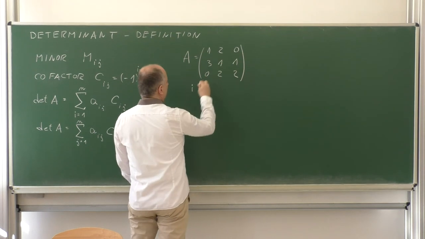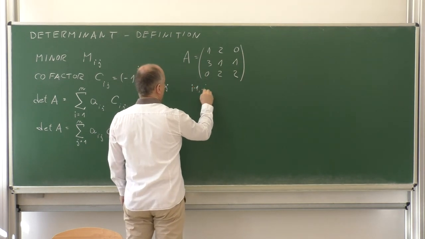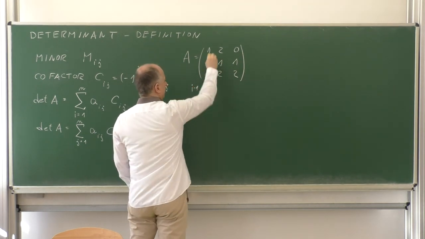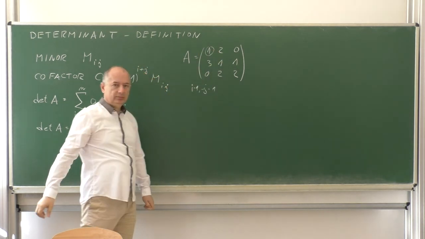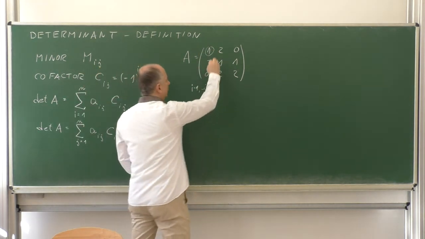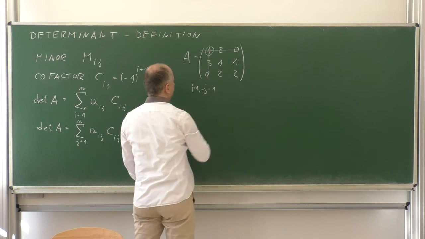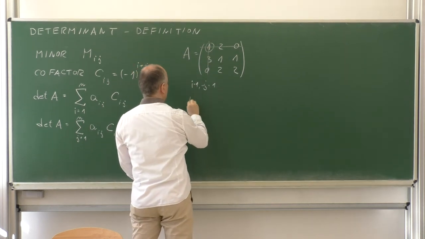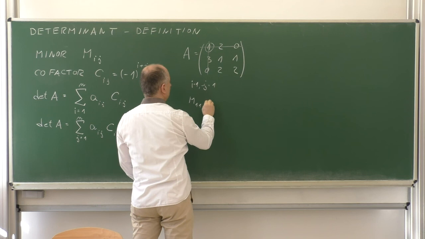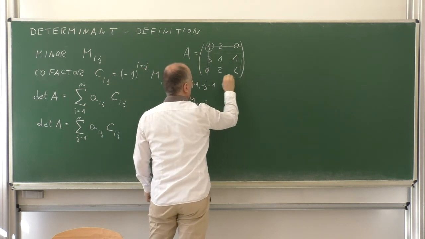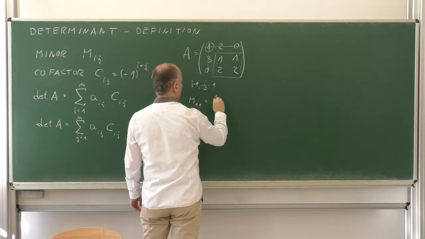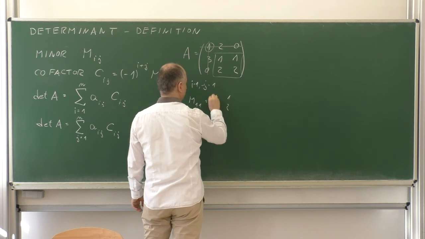So if we choose, say, i is 1, j is 1, that means we choose this position, and when we delete the first row and the first column, then the minor M11 is the determinant of this smaller matrix, 1, 1, 2, 2.